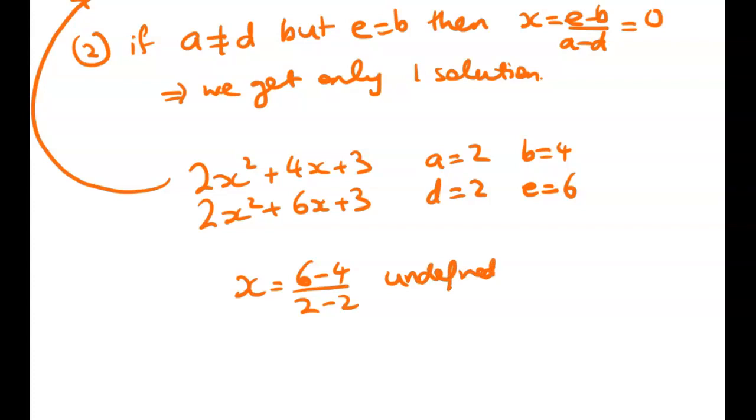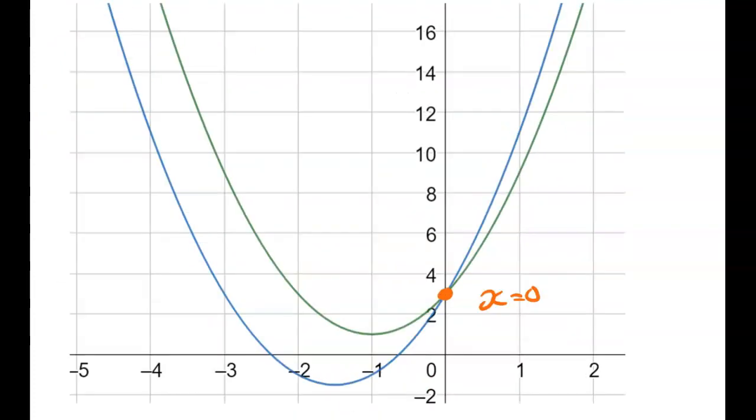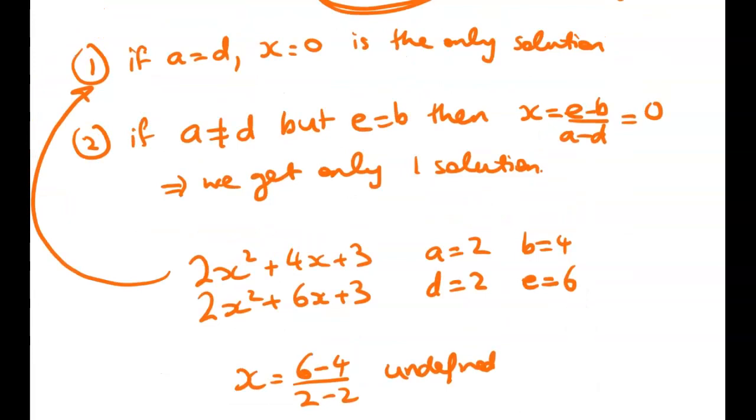I just need to find the right one. 2x squared plus 4x plus 3. Hang on, where is it? It's this one here. Okay. And then the second situation is one where we've got a and d are not equal. So these two numbers are different, but e and b are equal.